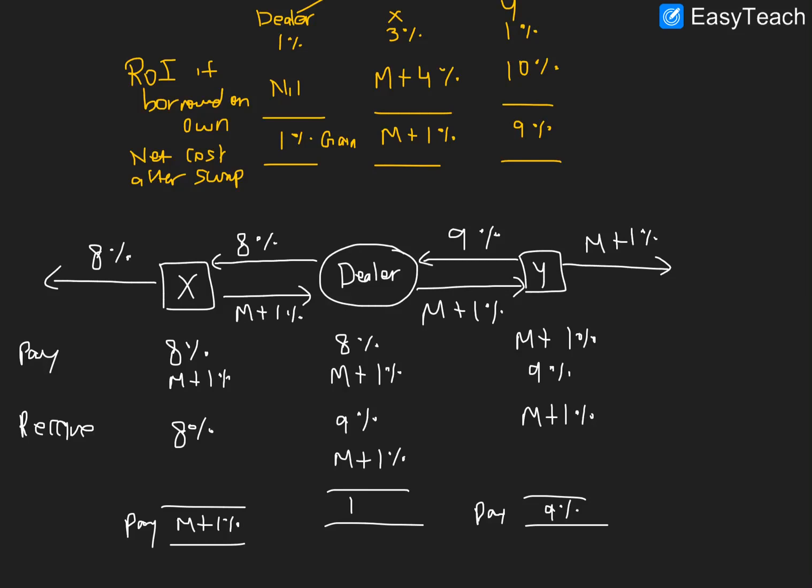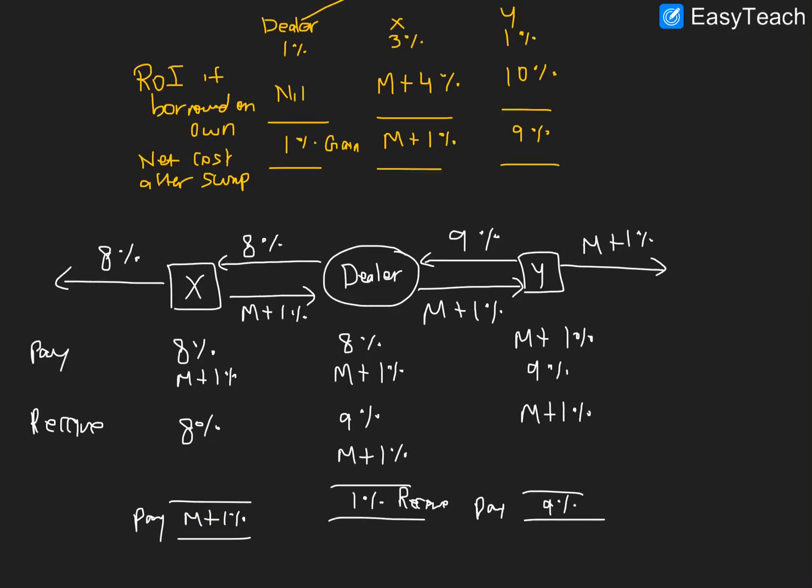So net effect, you will find that it is just 1% receipt. So in this way, 1% is the gain that the dealer is earning, and both X and Y are able to borrow at a lower rate than what they would have been able to borrow at.